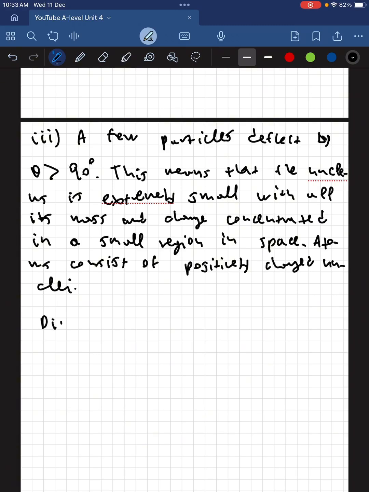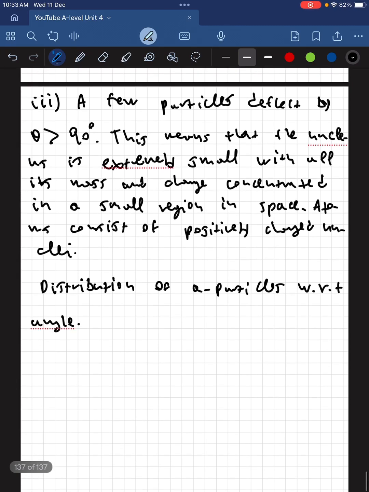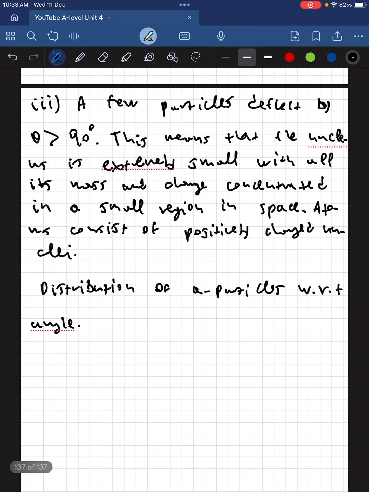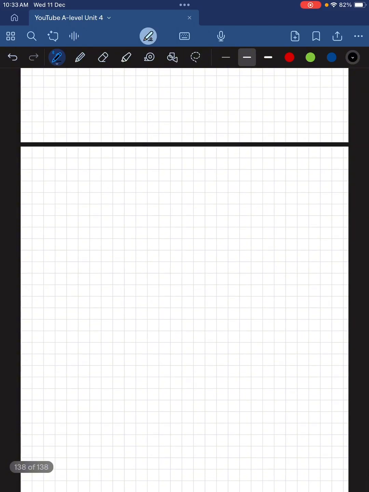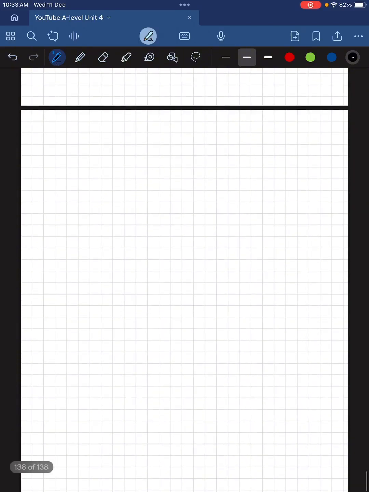So let's go talk about the distribution of alpha particles with respect to angle, okay? When I write WRT, it means with respect to. What I mean by that is that I want us to plot.